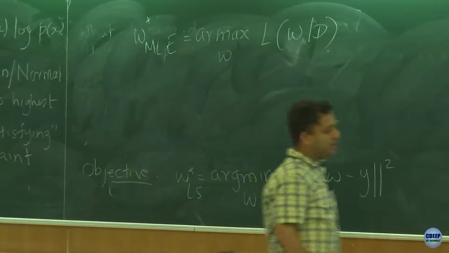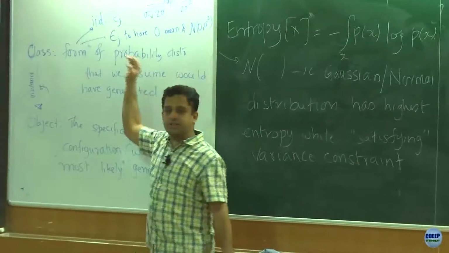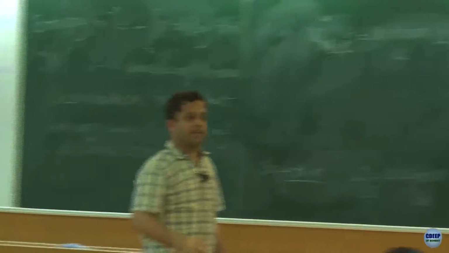But this likelihood is being computed under certain assumptions. What are the assumptions? The form where epsilon is normally distributed, mean zero, variance sigma square, IID, and so on. Under all those assumptions.